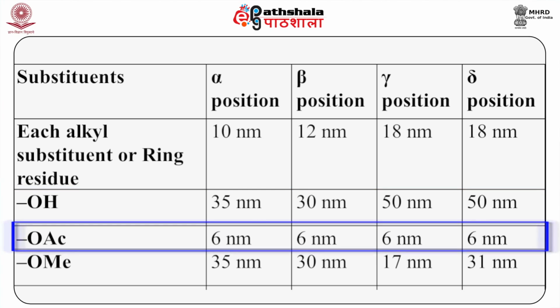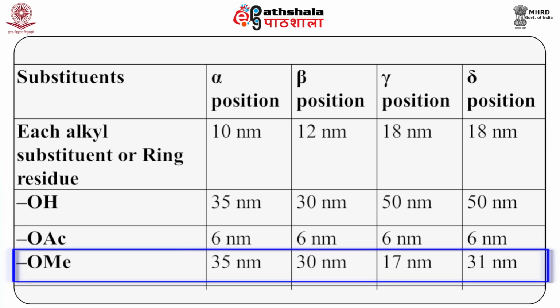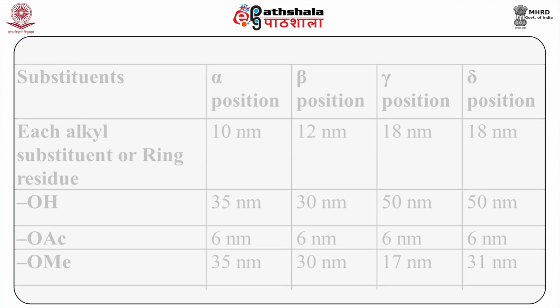For OAc substituents, the increment will be in alpha position 6 nanometers, beta 6 nanometers, gamma 6 nanometers and delta 6 nanometers again. For OMe, the value for alpha position will be 35 nanometers, beta 30 nanometers, gamma 17 nanometers and delta 31 nanometers.